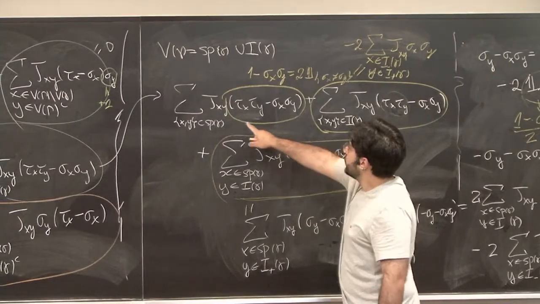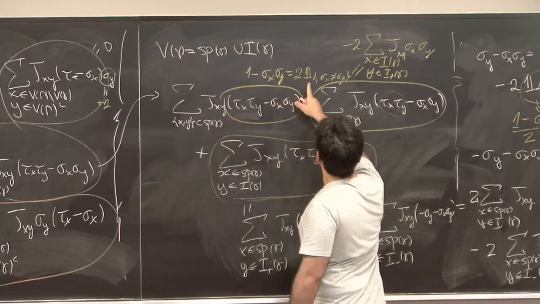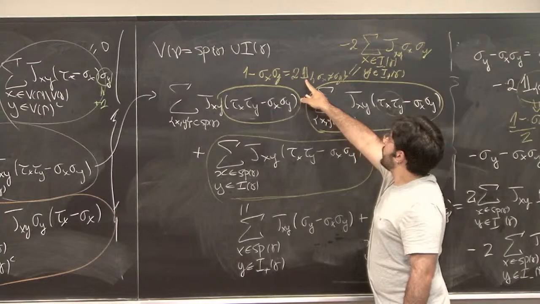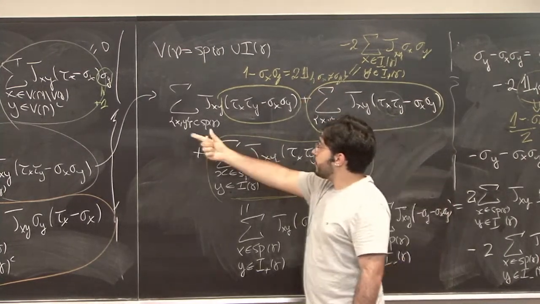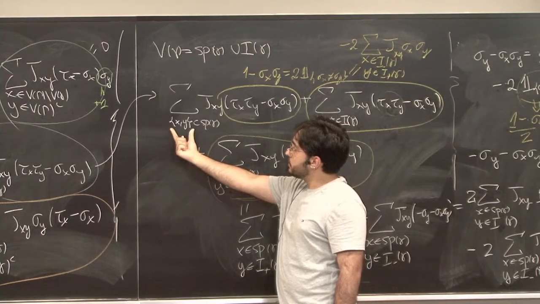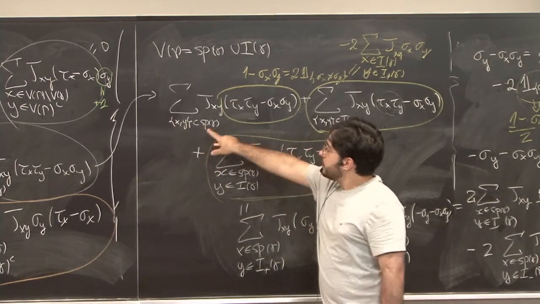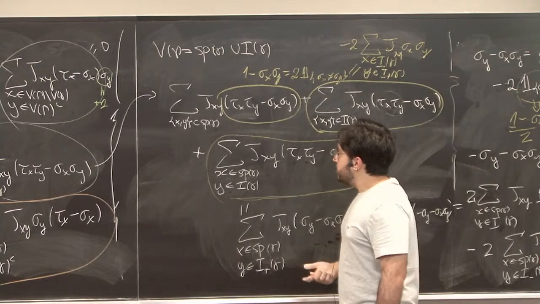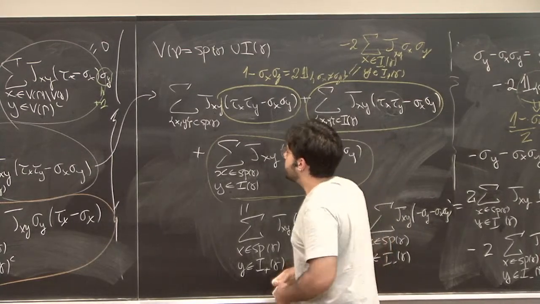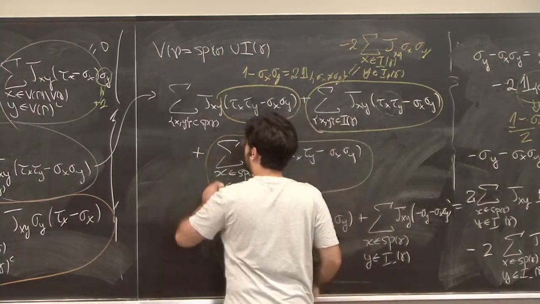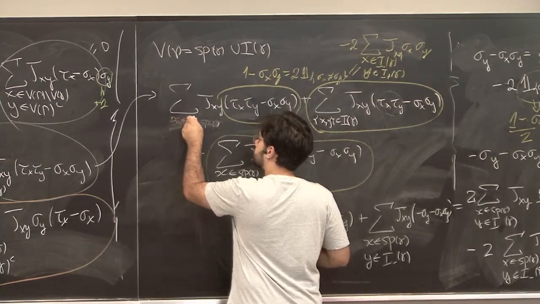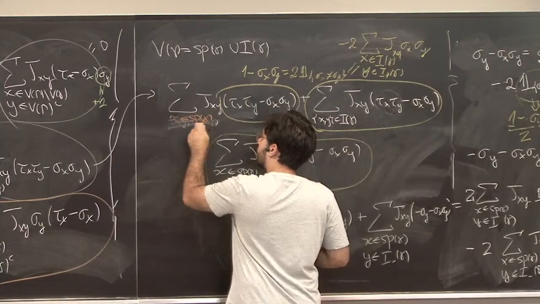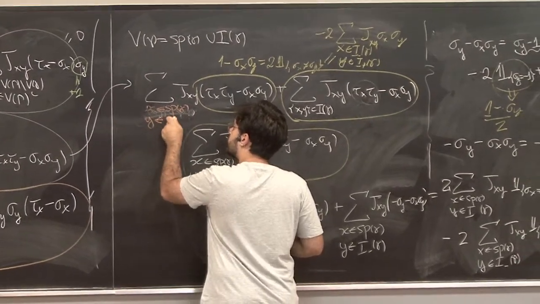This term will be 2 times the characteristic of sigma x different from sigma y for an unordered pair inside the support. And then I will change it by this sum, y inside the support.